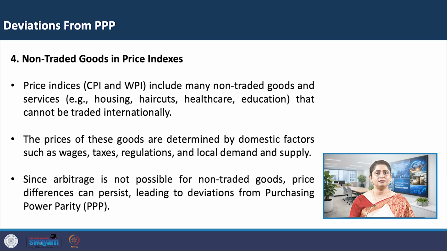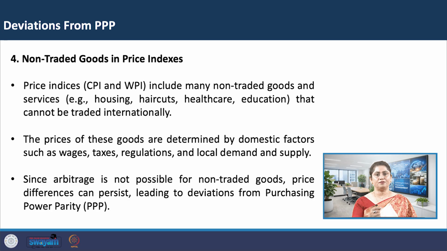Fourth, there is the issue of non-traded goods in price indices. The price indices that we use to calculate PPP, that is the WPI and the CPI, wholesale price index and the consumer price index, include many goods and services that are not traded internationally.